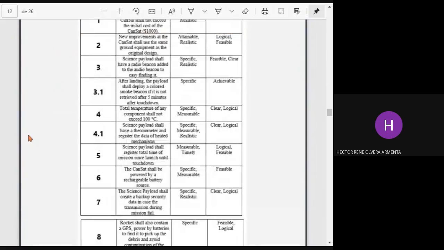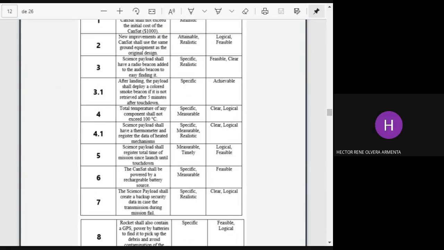Also, we have another requirement that we propose: the total temperature of any component or any part of the system shall not exceed 100 degrees. Why?